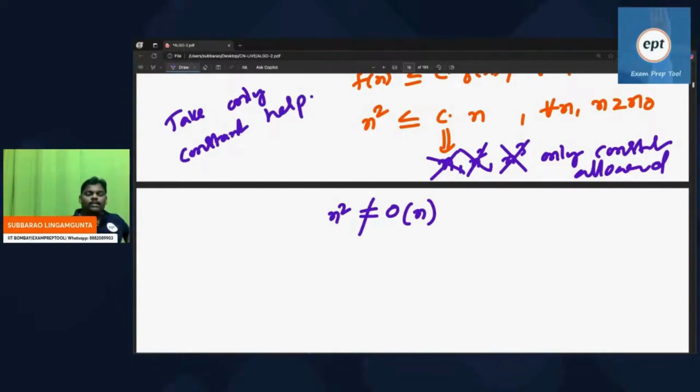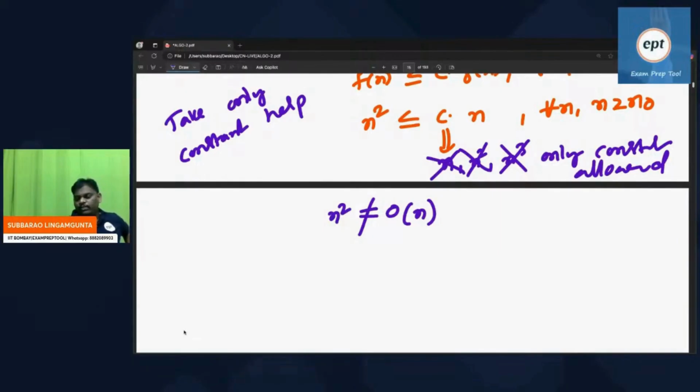Take only constant help. N square big O of n is wrong. It is impossible. By taking constant help, prove the right side bigger.